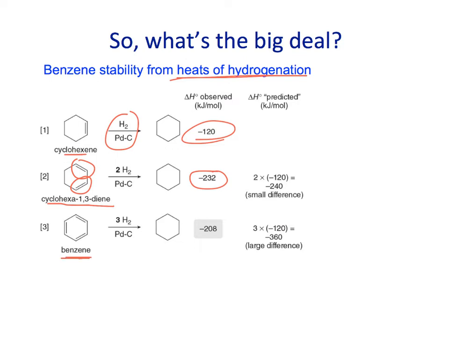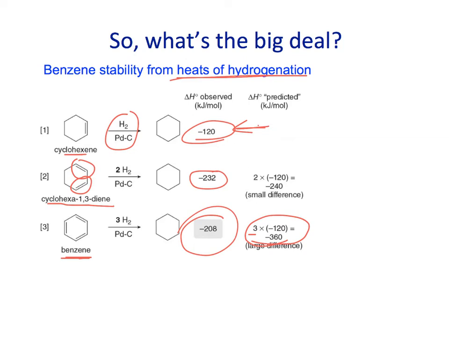So if we go to benzene, or what we could call cyclohexa-1,3,5-triene, right? We'd expect that to give off about 3 times as much as we did up on the top, right? 3 times. So here's what might be calculated. 3 times 120 is minus 360, but in fact it only gives off 208 kilojoules per mole.